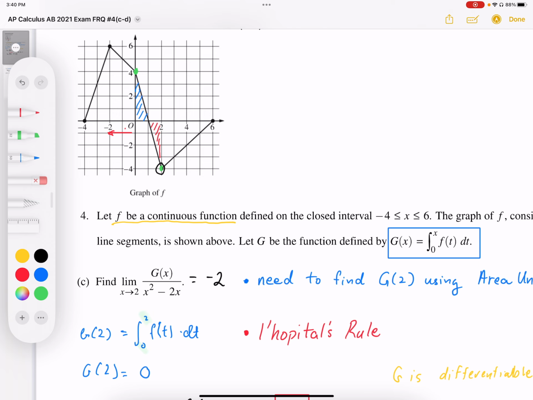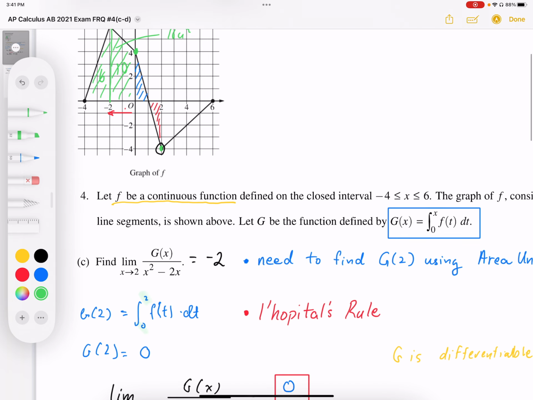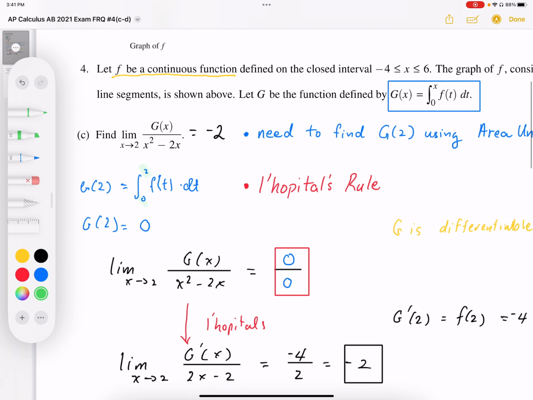So the area under the curve here, this area in here is a trapezoid. Okay, so that's going to be 4 plus 6 divided by 2 is 5 times 2, so that's going to be an area of 10. This area over here is going to be a triangle, so 2 times 6 divided by 2 is going to be 6. So that area is equal to 16. Okay, so that's 16 units squared. But because I'm going backwards, the area above the x-axis is going to be negative.